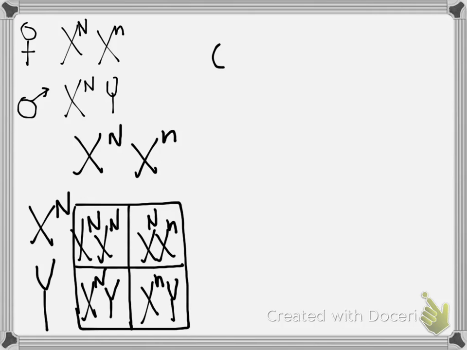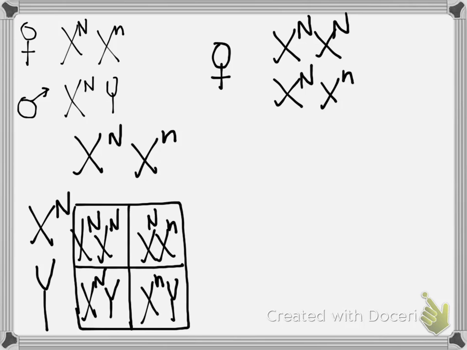So for her female offspring, what genotypes are possible? How many of each do we show in our Punnett Square? We show one of each. And for her male offspring, X big N, Y, okay.